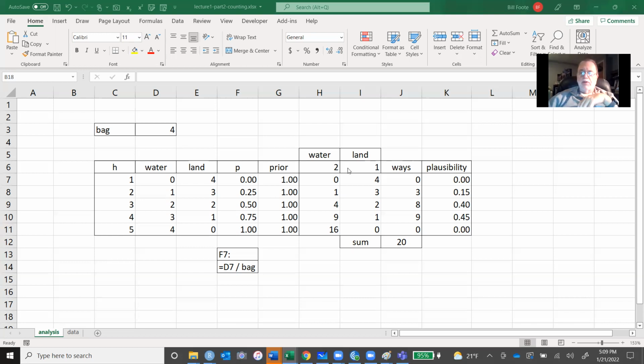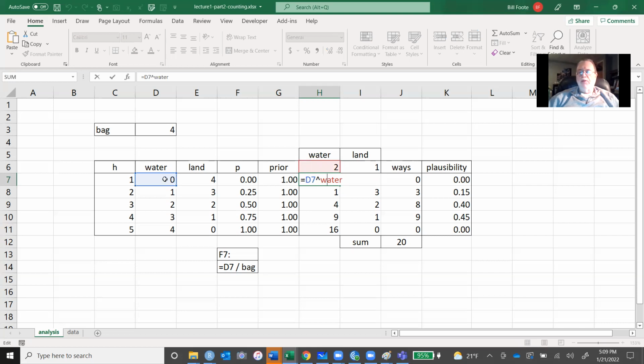And if we look at the formula for the water and the land, we see we took how many times water will be found under this hypothesis, raised to the named range called water up here in H2. So 0 to the second power, times 4 to the first power.